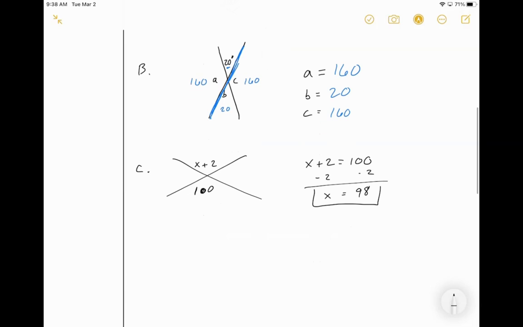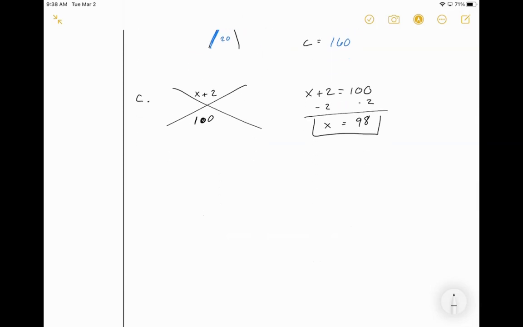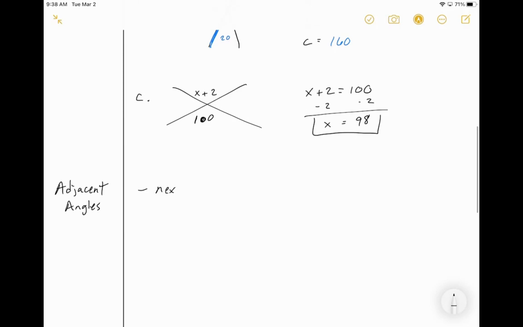So here we go. I'll give you guys a challenge problem a little bit later. Next vocabulary word, adjacent angles. And adjacent means next to.